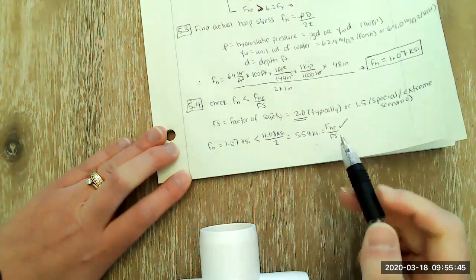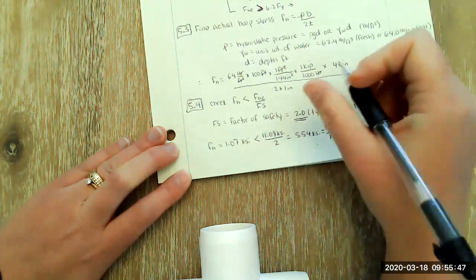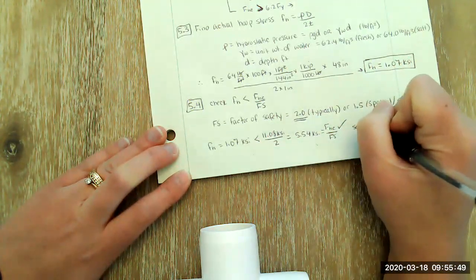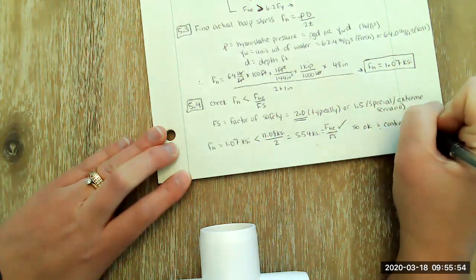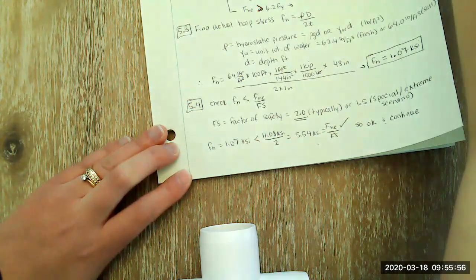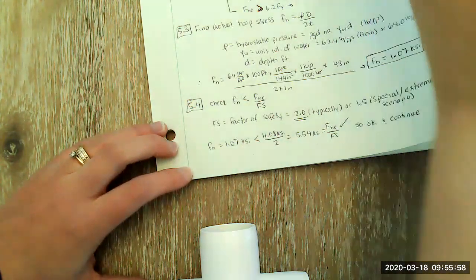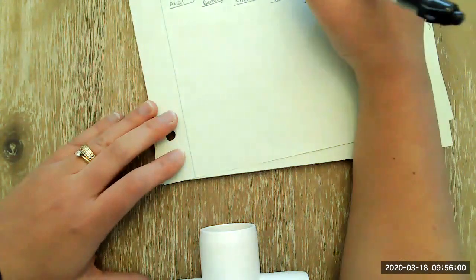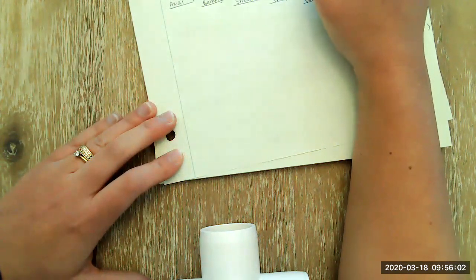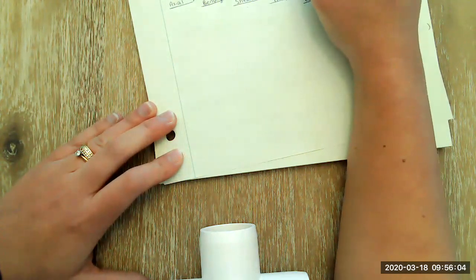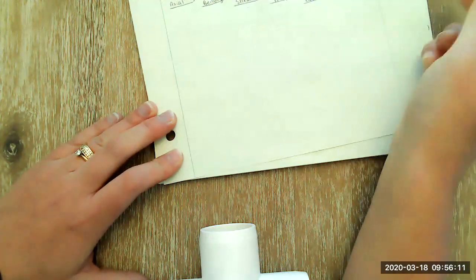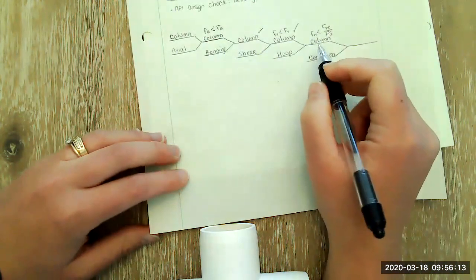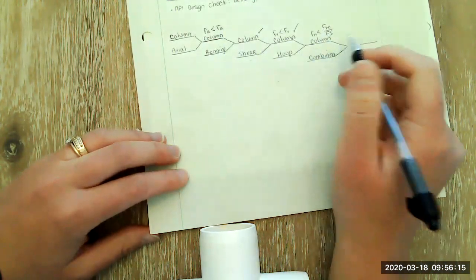We have 1.07 less than 5.54. So, okay, continue. Great, our column has passed hoop check 2, with lowercase F sub H less than our critical hoop stress over a factor of safety. Sorry, I was off the page. So our column passes this hoop stress check.